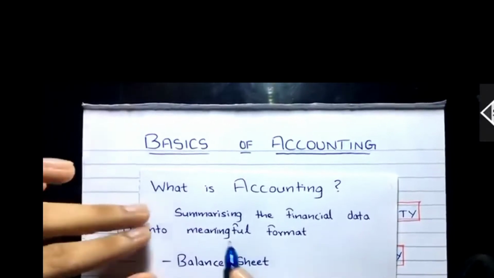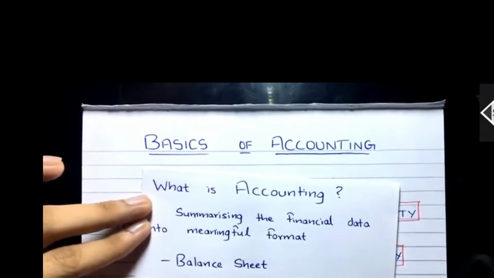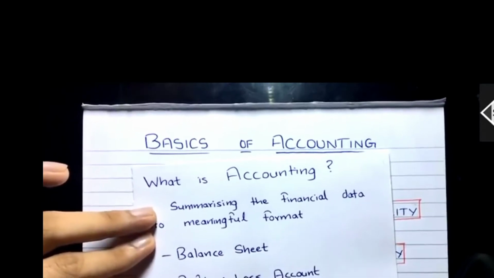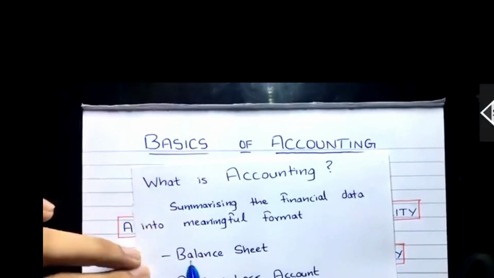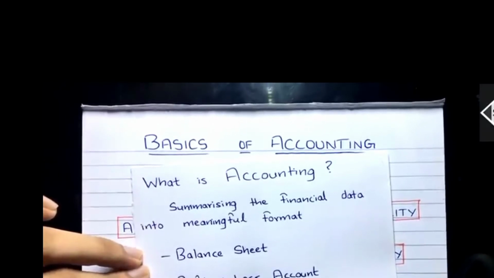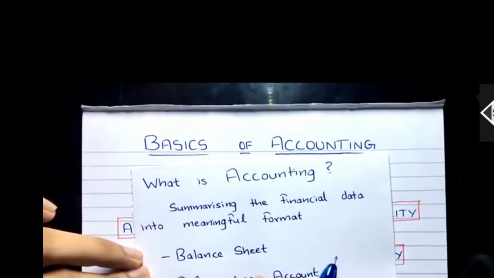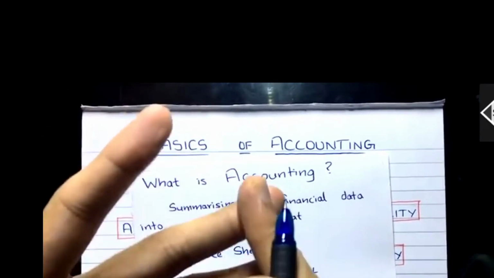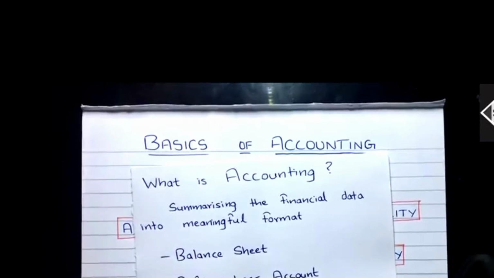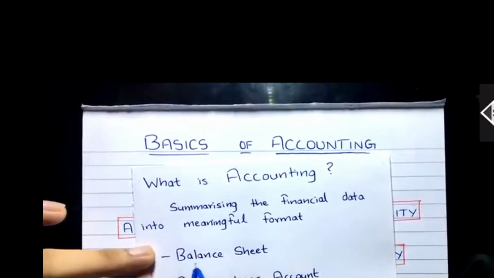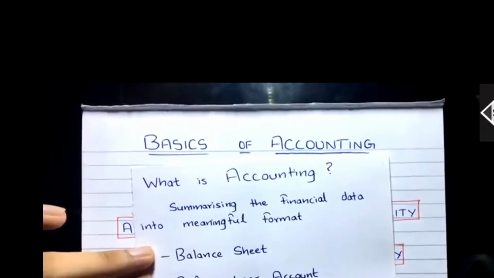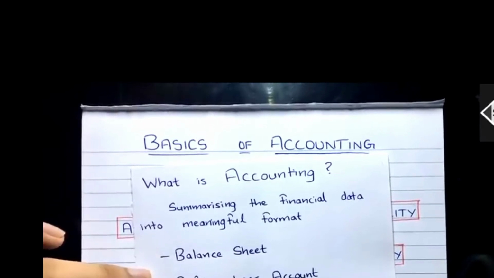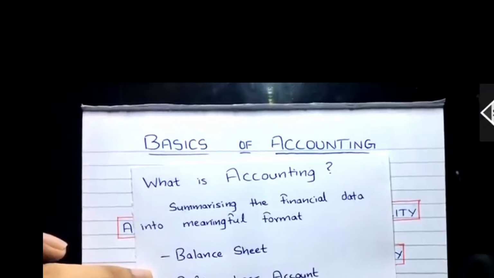So that meaningful format, if I tell you, basically it is the balance sheet and profit and loss account. The balance sheet will give us the information of the financial position of that company. Balance sheet consists of the capital, assets, liability. We'll come to that later. All you have to understand is the balance sheet gives us the financial position of the business, and then the profit and loss account, or the statement if it's a company, gives us the financial performance of the company.